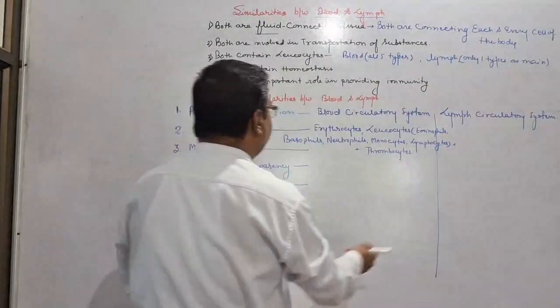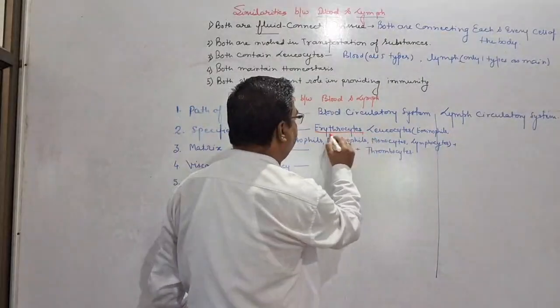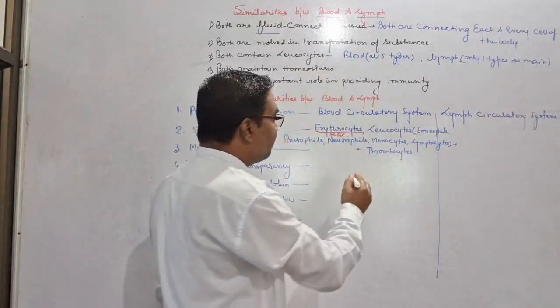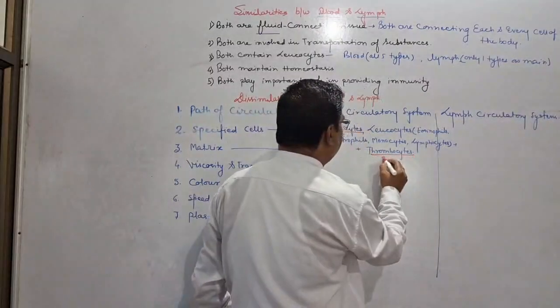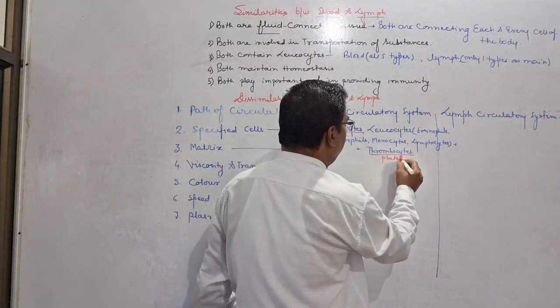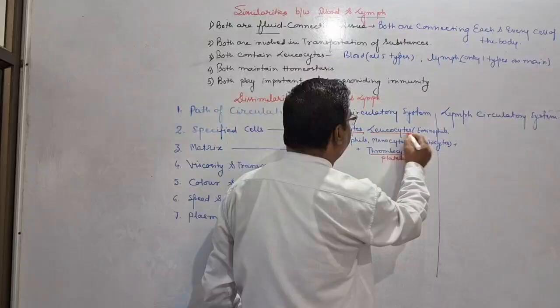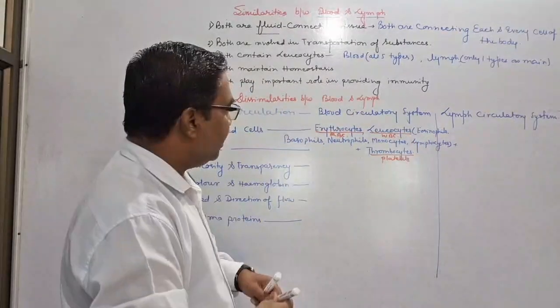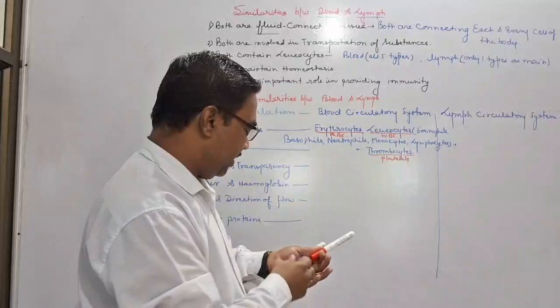Here you are very much familiar with the word RBC. So erythrocyte is the biological term used for RBC. Thrombocyte is the biological term used for platelets, and leukocyte is the biological term used for WBC. You can see what the difference between blood and lymph is.